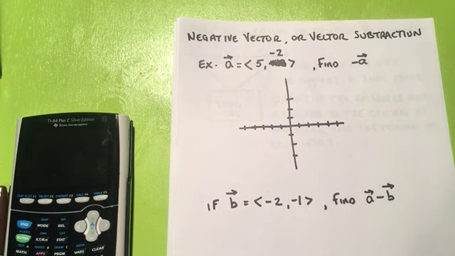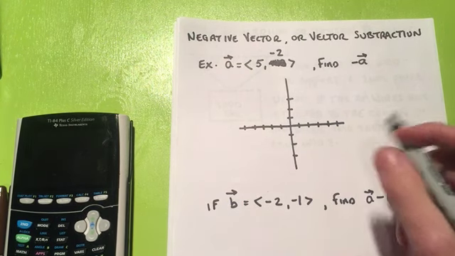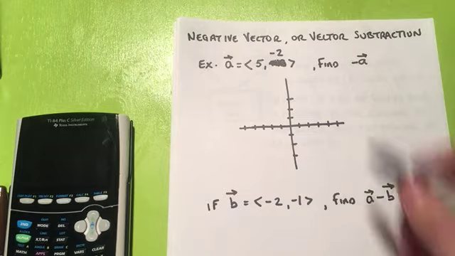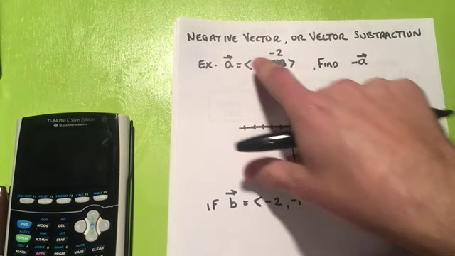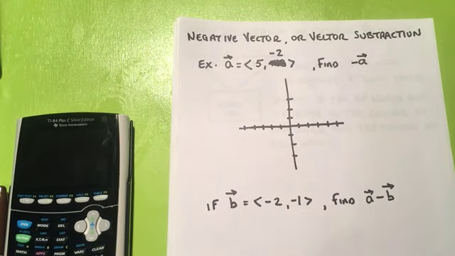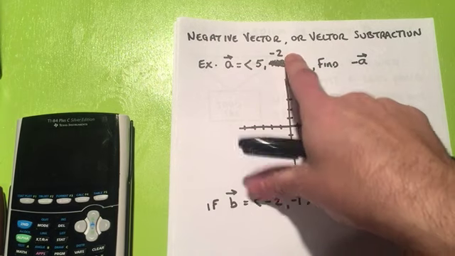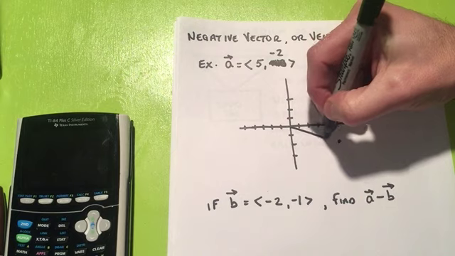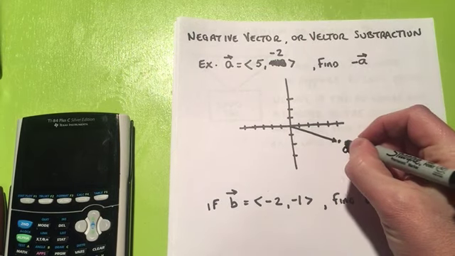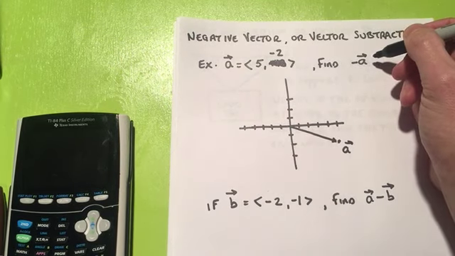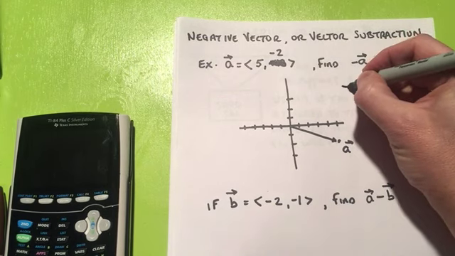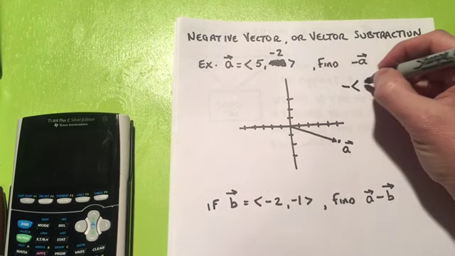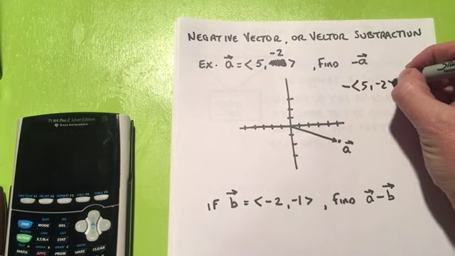This came up today as a question, the idea of a negative vector, what that means, how we can interpret that both algebraically and geometrically, and using that in an addition statement. If we take the vector <5, -2>, we've got vector a. Negative a, we can think about this using scalar multiplication. Negative a would be <-5, +2>.